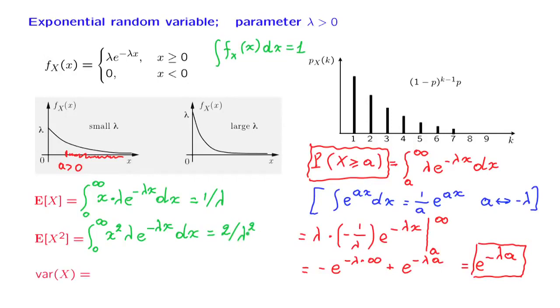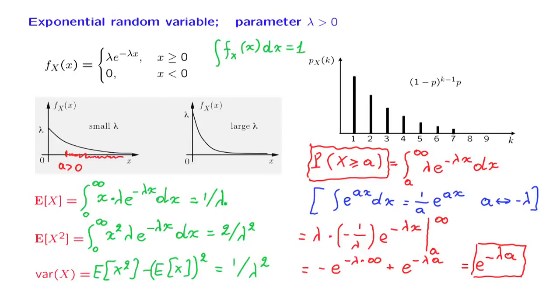Finally, to calculate the variance, we use the handy formula that we have. And the expected value of x squared is this term. The expected value of x is this term. When we square it, it becomes similar to this term, but we have here a 2, there we have a 1, and so we're left with just 1 over lambda squared. And this is the variance of the exponential random variable.